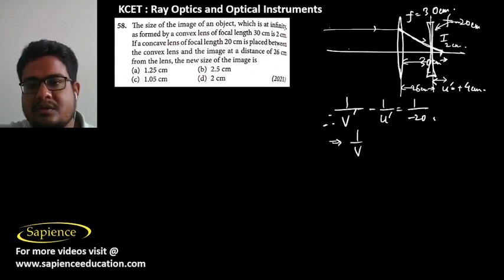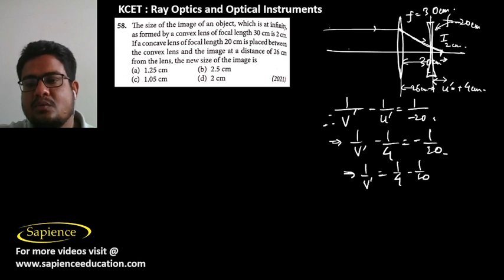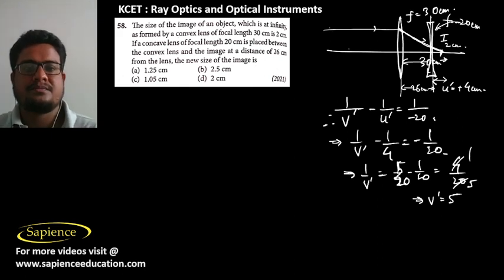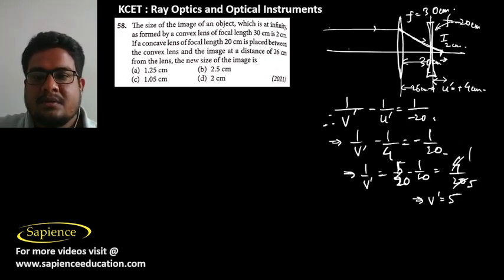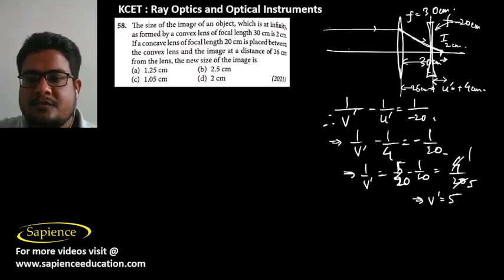1 by v dash minus 1 by 4 equals minus 1 by 20. So 1 by v dash is equal to 1 by 4 minus 1 by 20, so 5 by 20 minus 1 by 20, this is 4 by 20. So v dash will be equal to 5 centimeter.